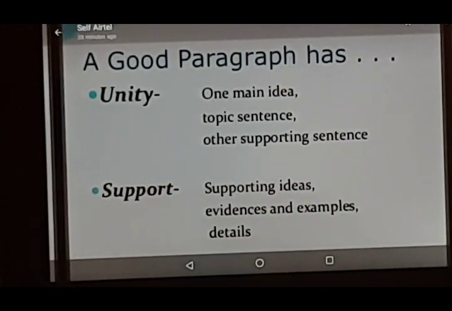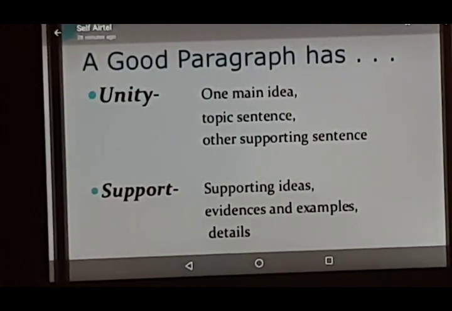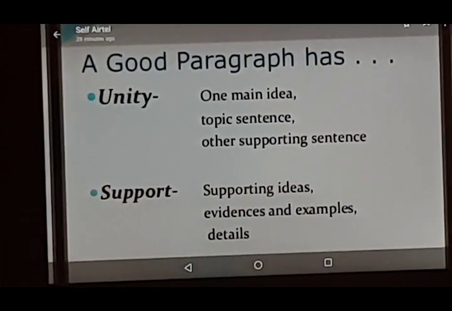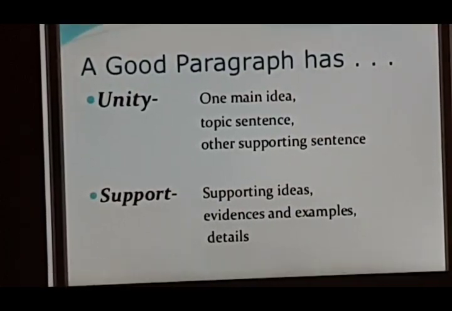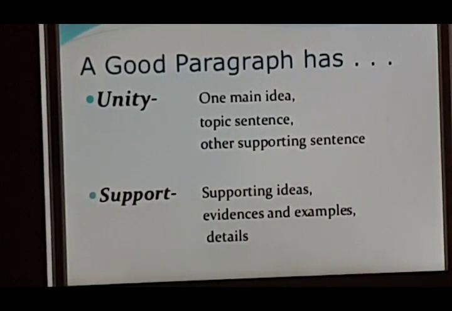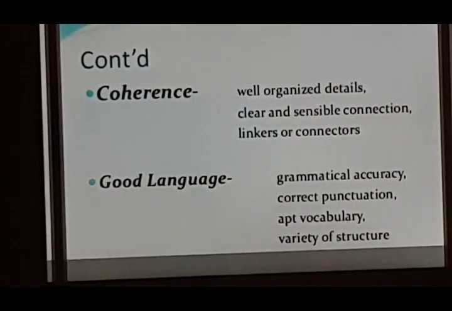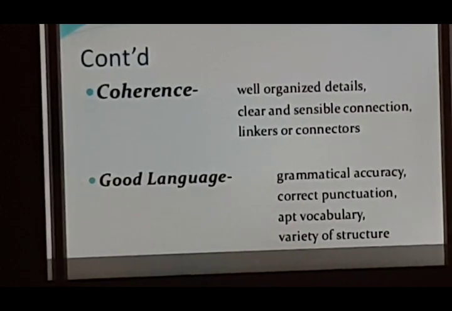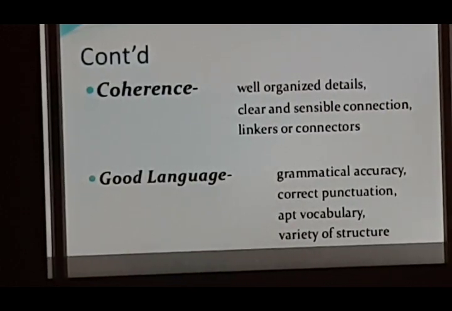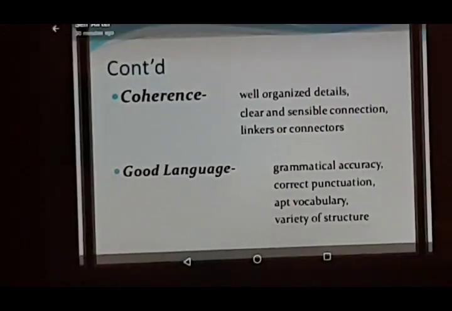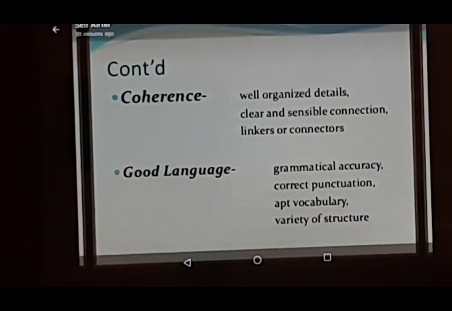If we are writing about one particular subject, we have to support our main topic. We have to give such evidences, such sentences, such explanation which support our main subject. Then it should have coherence. It should not divert from one main topic in language as well as in ideas.